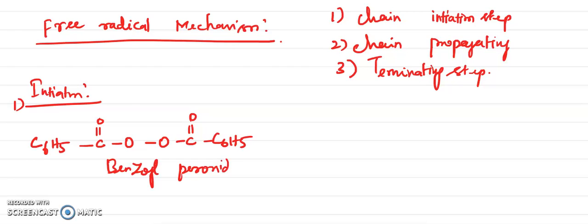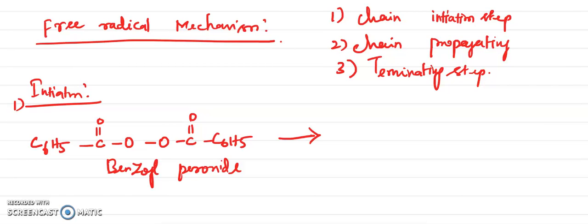So how do we get the phenyl radical? From that phenyl radical we are going to react with the methane or ethane. The ethane reacts with the phenyl radical.